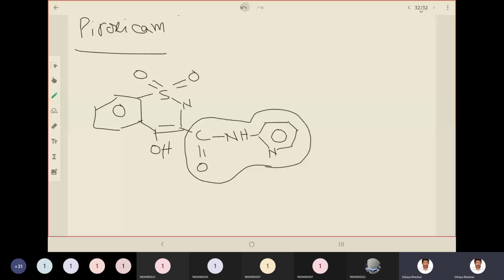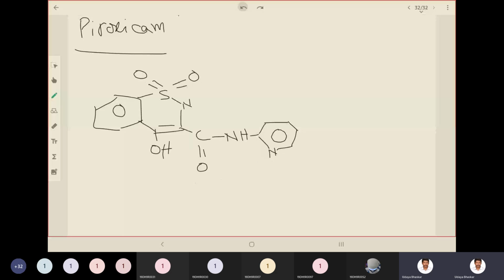So it is a thiazine, a six-membered ring, not seven-membered. This one is linked to pyridine through the amide bond. So this is the structure of piroxicam, and it is used in the treatment of RA and OA.